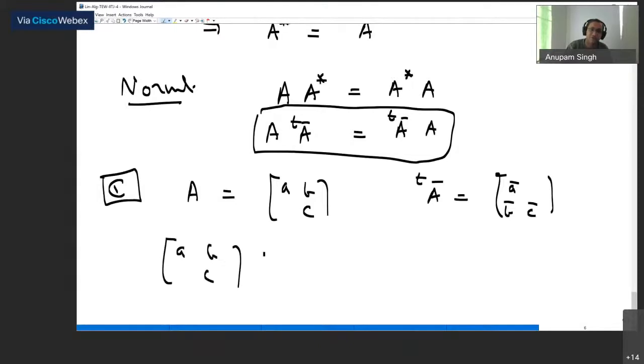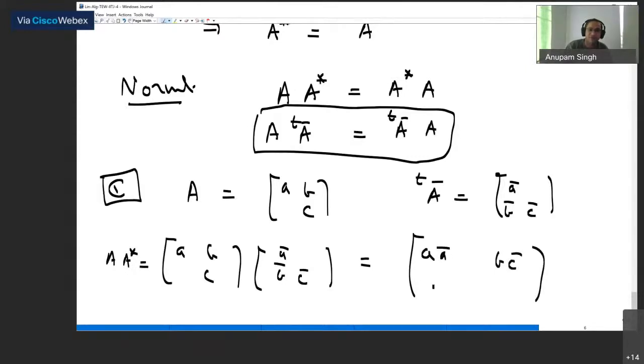So let's do this. a, b, 0, c, and I multiply with a bar, 0, b bar, c bar. So this I'm computing, A A star. This is going to be, quickly computing, a a bar plus b b bar, b c bar, c b bar, c c bar.